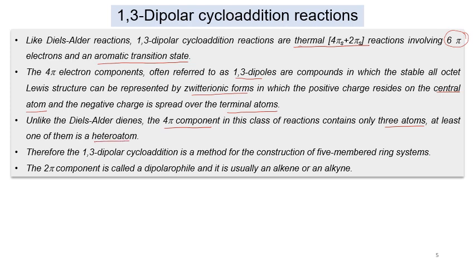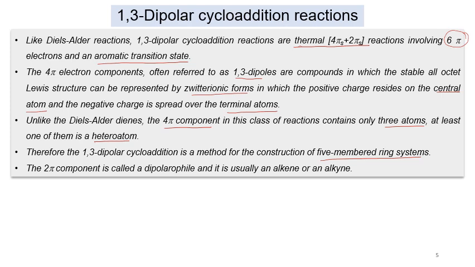That means it will not be a carbon. Therefore, the 1,3 dipolar cycloaddition invariably is a method for the construction of 5-membered ring systems in which one of them will be a heteroatom.